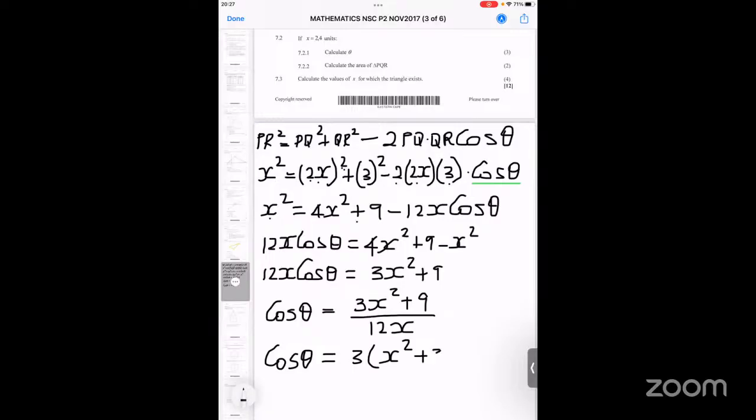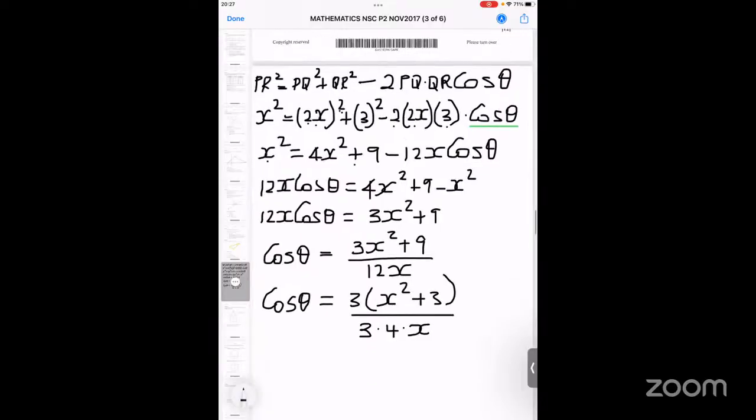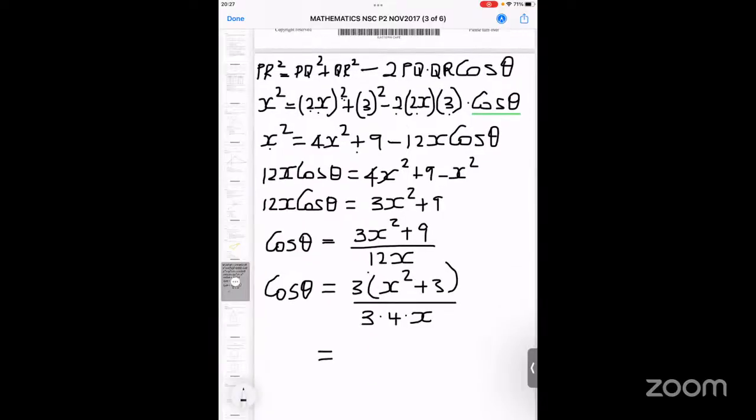I think you remain with that over, obviously 12, which is made of 3 times 4. Don't forget that x. Then that's when you realize that this actually can cancel with that, where you just remain with x squared plus 3, divided by 4x. Looks like that it's equal to cos theta.